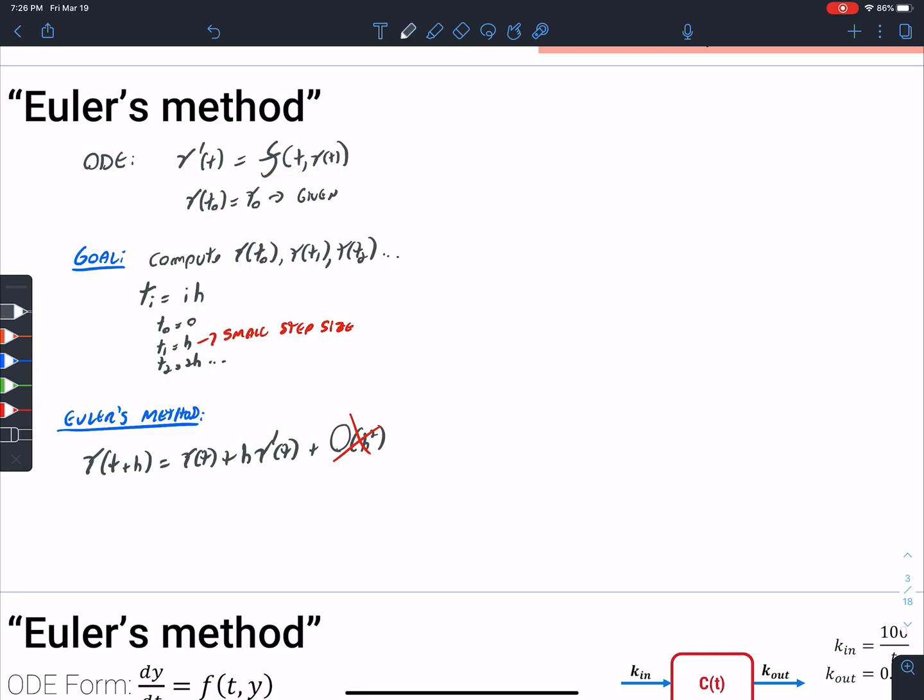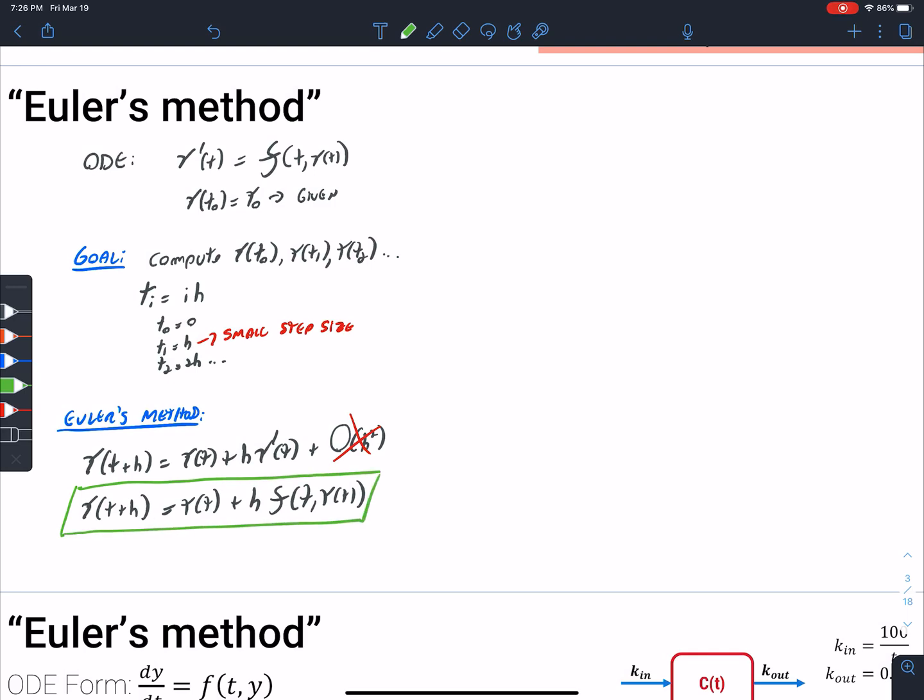Since y prime is given, y of t plus h then becomes y of t plus h f of t, y of t. So that's given. And that's it.